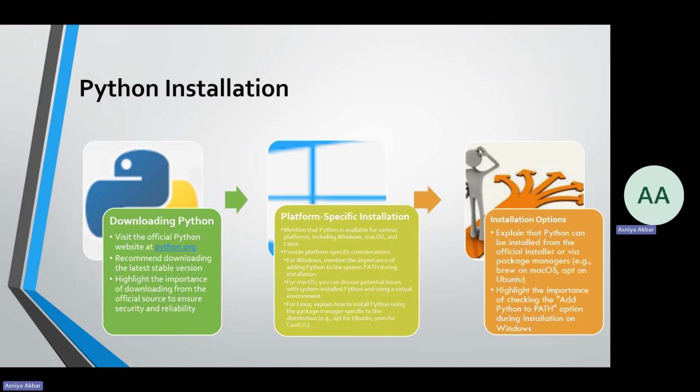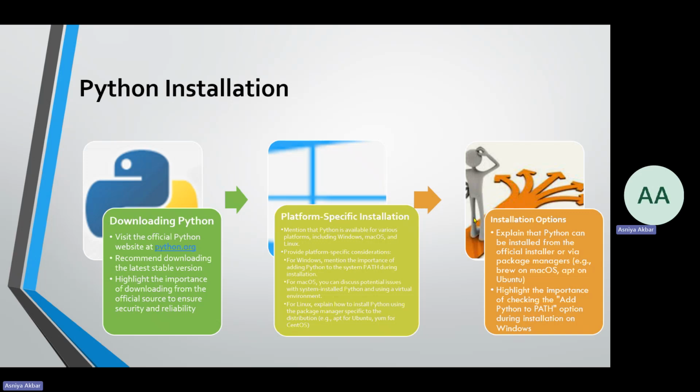This ensures dependencies do not interfere with the system installed Python, and it will help you manage project specific packages also. And lastly, about Linux, you need to install Python using package managers. Using these package managers ensures that the installed Python version is compatible with the distribution and also allows for easy update and maintenance.